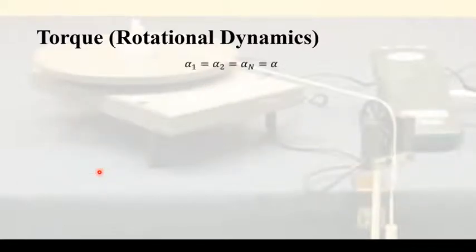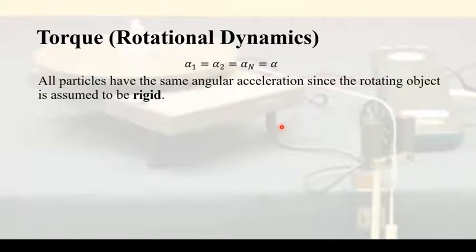So we have alpha 1 equals alpha 2, and it doesn't matter which particle you're looking at, alpha will always be the same. It's a constant value. All particles have the same angular acceleration because the rotating object is assumed to be rigid. Rigid means that the shape of the body won't change, so they are going to rotate with the same angular velocity and the same angular acceleration.